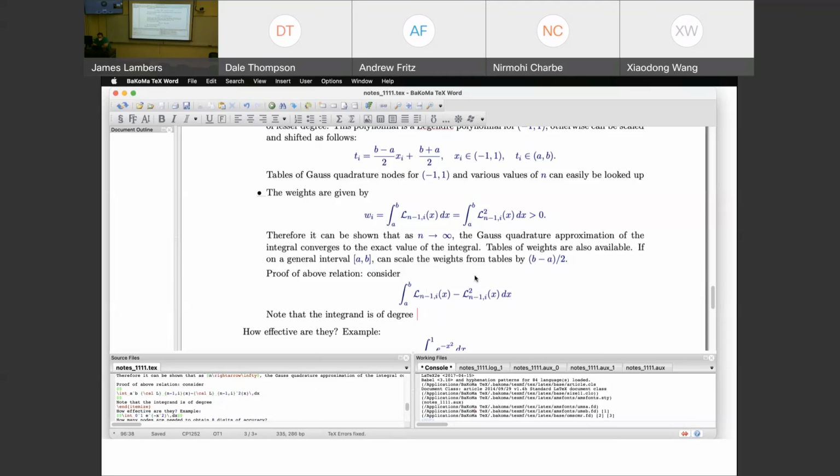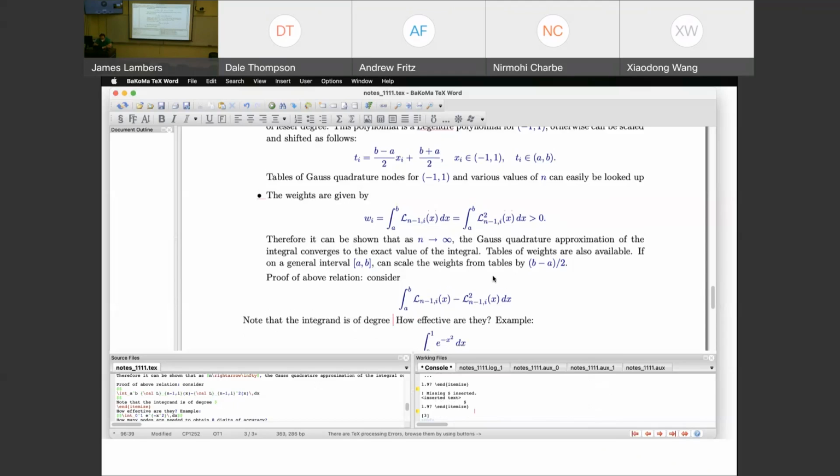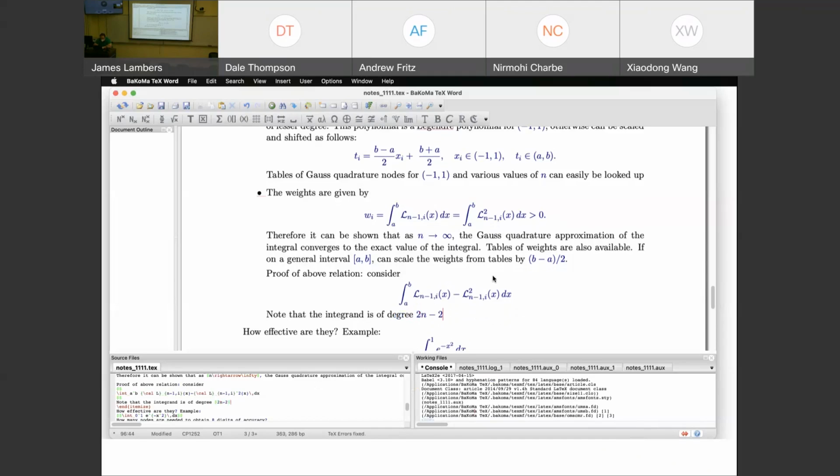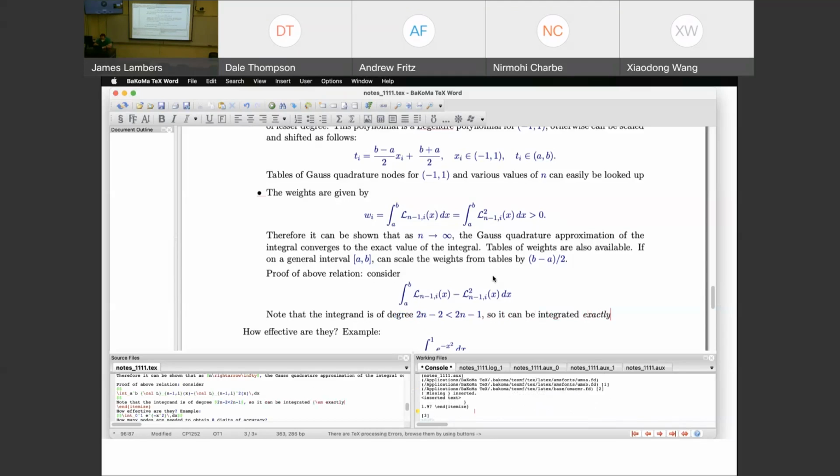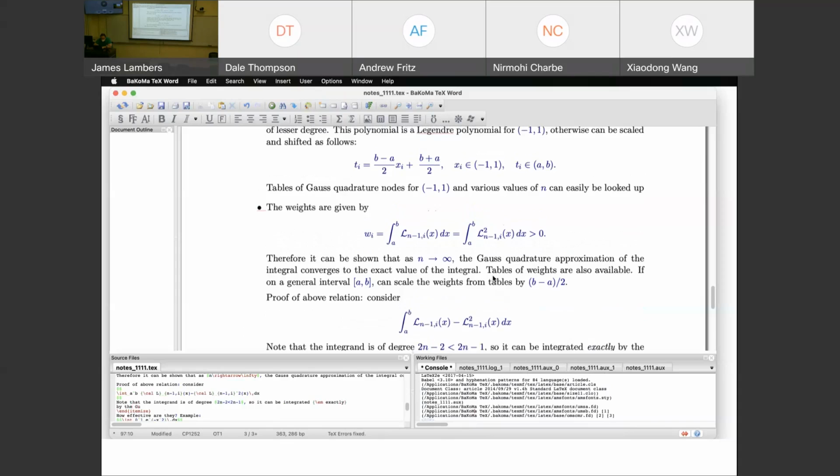So what's the degree of the whole thing? 2n minus 2. And that's less than 2n minus 1, so it can be integrated exactly by the Gauss quadrature rule.